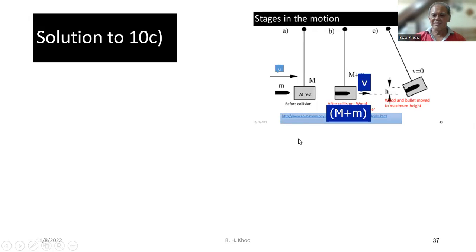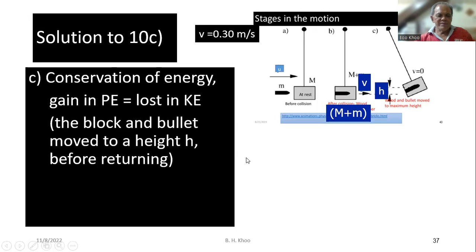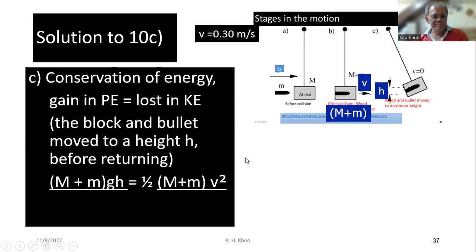And finally, part C. This one has a velocity. It moves to a height h. Conservation of energy. This one gains potential energy, this one lost kinetic energy. The block and bullet move to a height h before returning. So total mass times g times h equals the initial kinetic energy, half (M plus m) v squared.